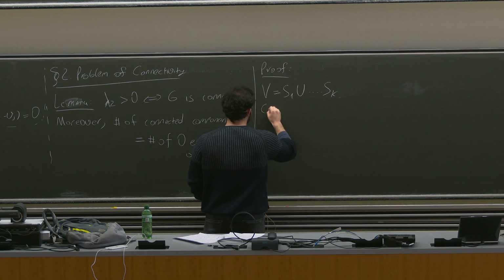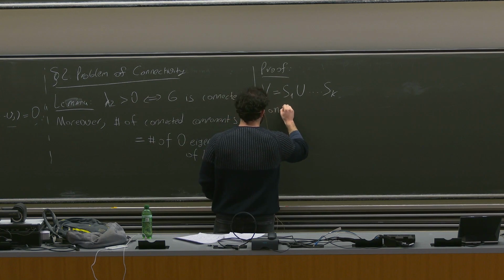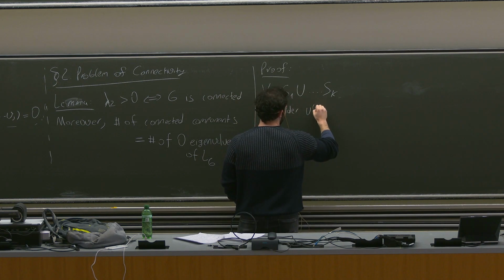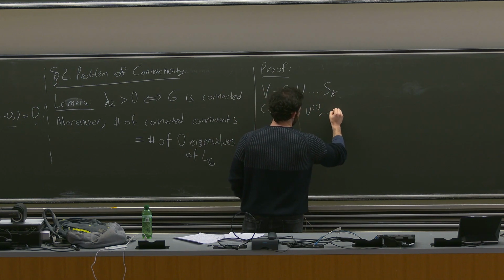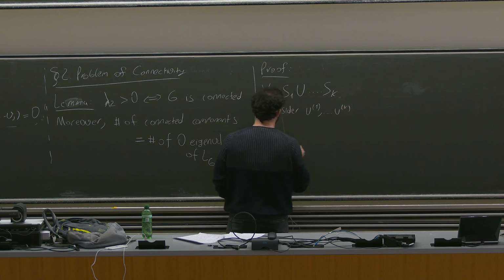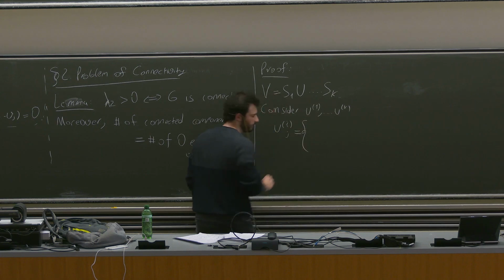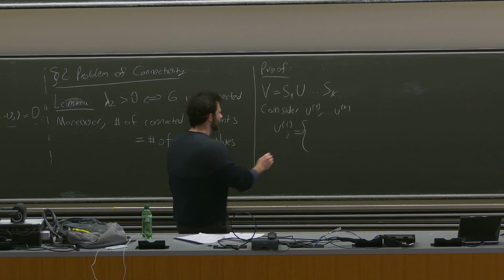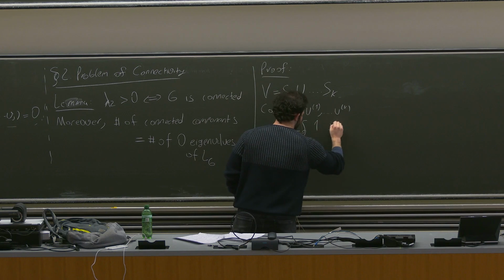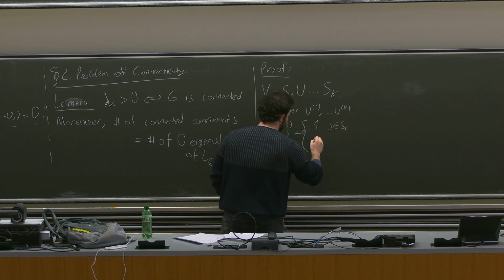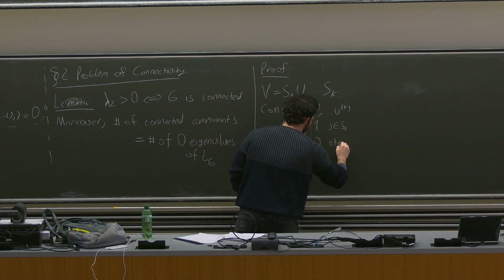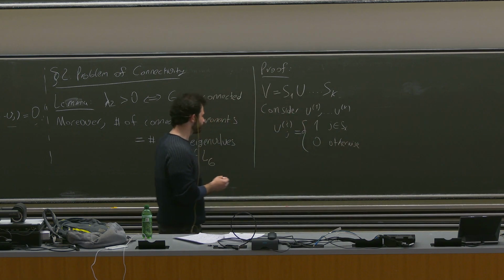We're going to consider u_1 to u_k, where u_ij is 1 if j is in S_i and 0 otherwise. This is just a formal way of writing what I said.